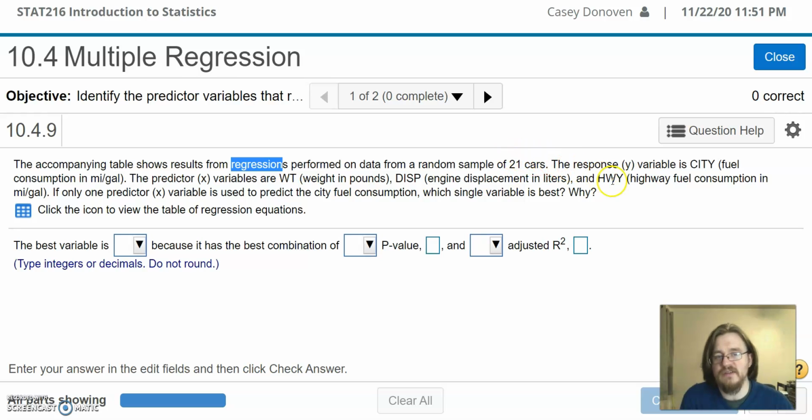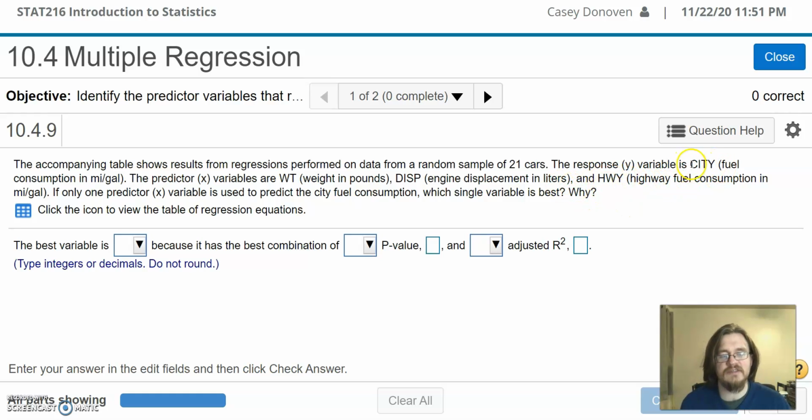And what they were doing is they were measuring the fuel consumption in the city, and they were trying to predict that using the weight of the car, the engine displacement, and the fuel efficiency on the highway, the miles per gallon on the highway.